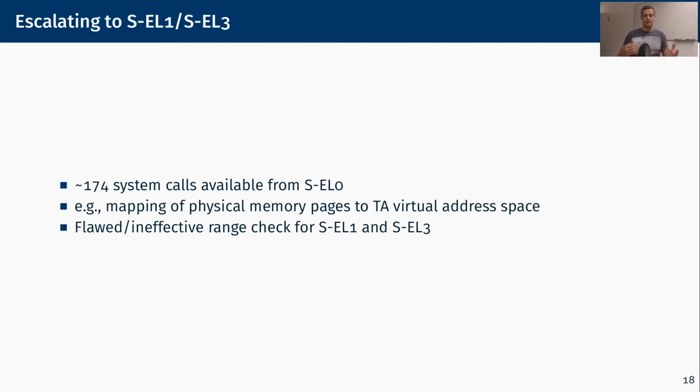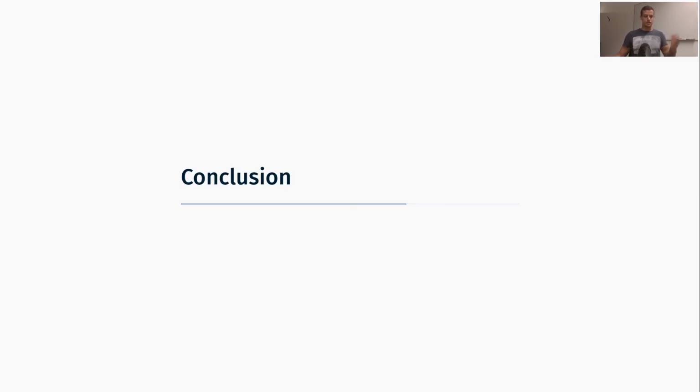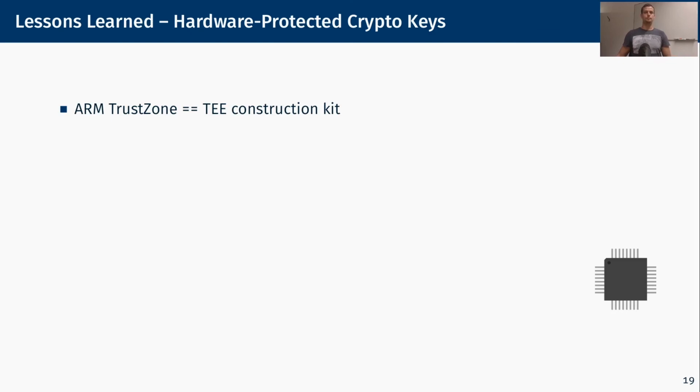So you can basically take over the kernel from your user space context, and that's also a design flaw in itself. So this is how we managed to escalate our privileges to the highest level possible on this device. To conclude, I'm going to give you some lessons learned.